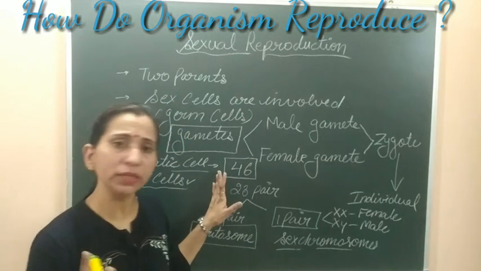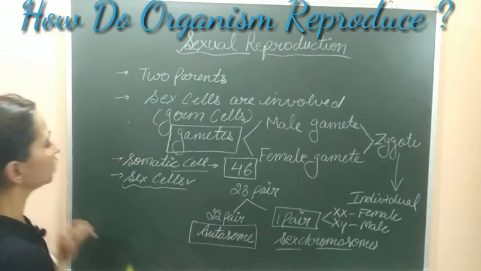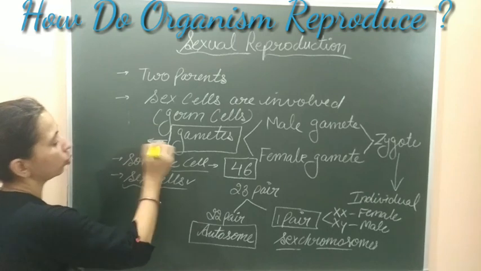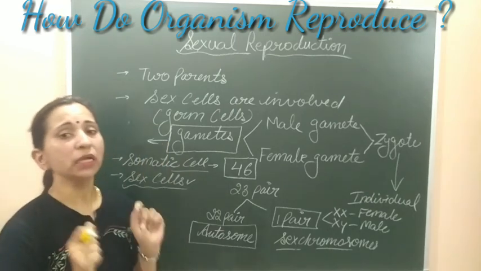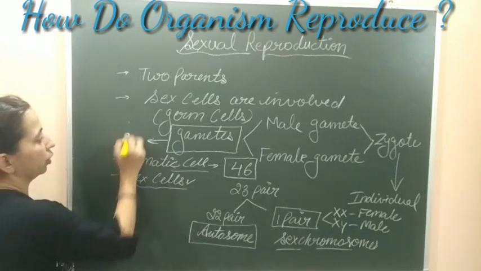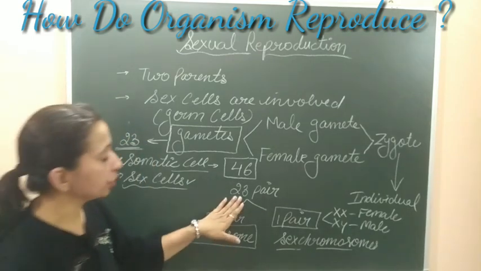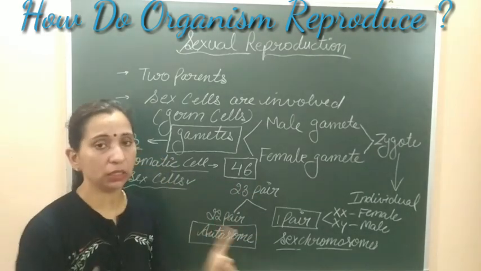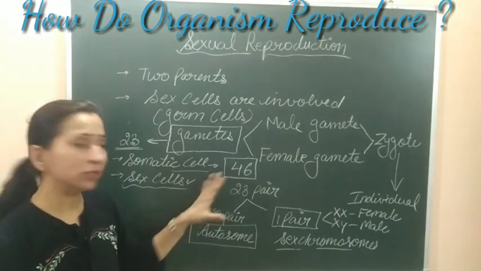Normally, each cell has 46 chromosomes. But these gametes do not contain 46 chromosomes. These gametes have half the number of chromosomes, or we can say they have only 23 chromosomes. That is, the 23 pairs here, gametes do not have 23 pairs. Here we are writing the 23 pairs for the normal somatic cells.